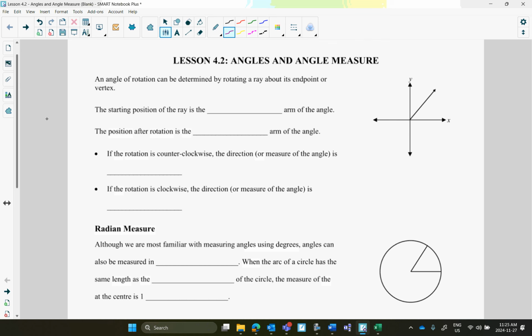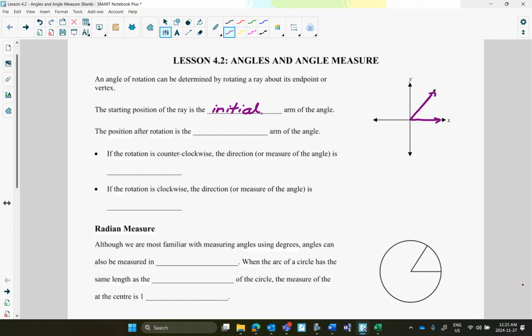Okay, so just sort of a review. Remember, we can draw an angle on a coordinate grid using the positive x-axis as the starting arm or the initial arm of the angle.